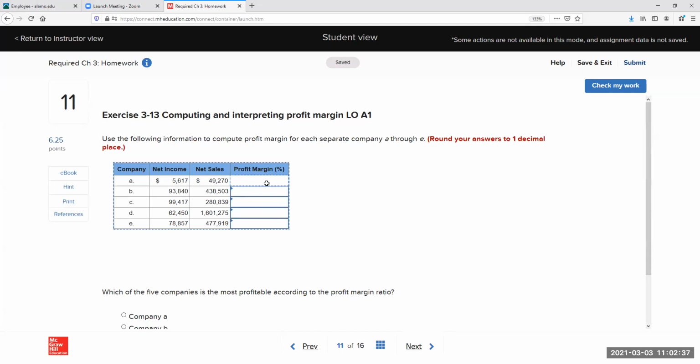And they want it as a percentage. So let's just say 5617 divided by 49,270 is 0.114. How do you get something from decimal to percentage? You multiply by 100 or move it over two decimal places. So 0.114 changes to 11.4.